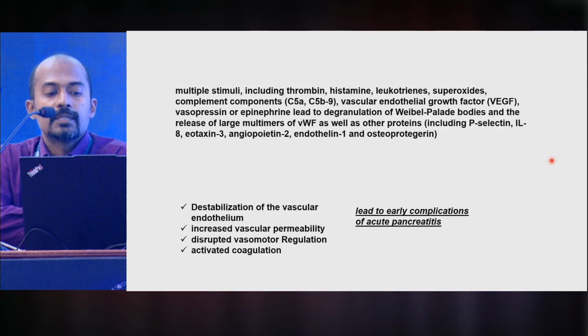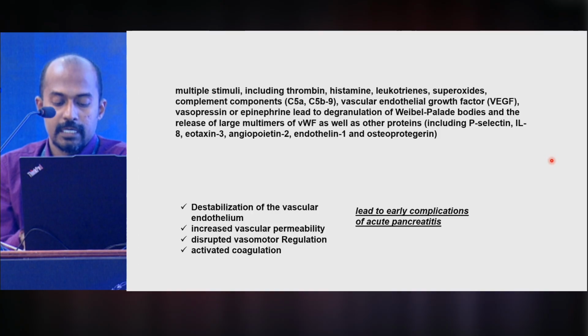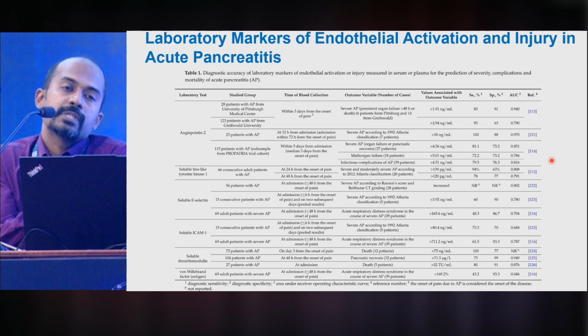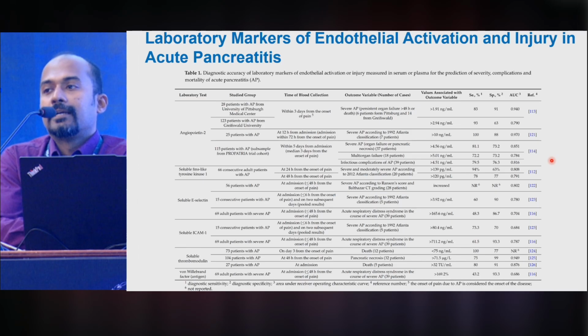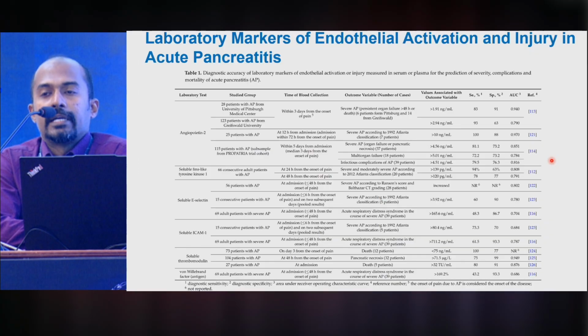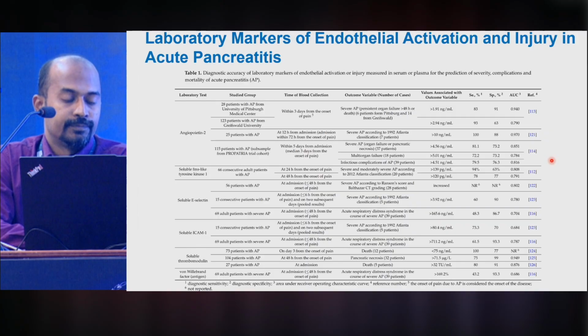And overall, destabilization of vascular endothelium, increased vascular permeability, disrupted vasomotor regulation, and activated coagulation lead to early complications in acute pancreatitis. So we can use markers specific for endothelial damage towards prediction of severity, complications, and mortality in acute pancreatitis, and that's what different groups have been trying across different labs.